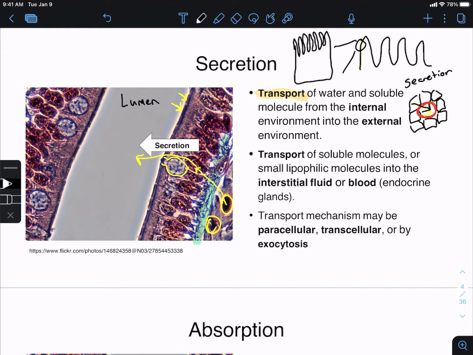Transportation of these molecules, if they are water soluble, then they're going to be transported with carrier proteins, either through facilitated diffusion or active transport, depending on what the concentration differences are in the cell. I'll give you an example. Concentration of sodium, actually let's use hydrogen ion instead.